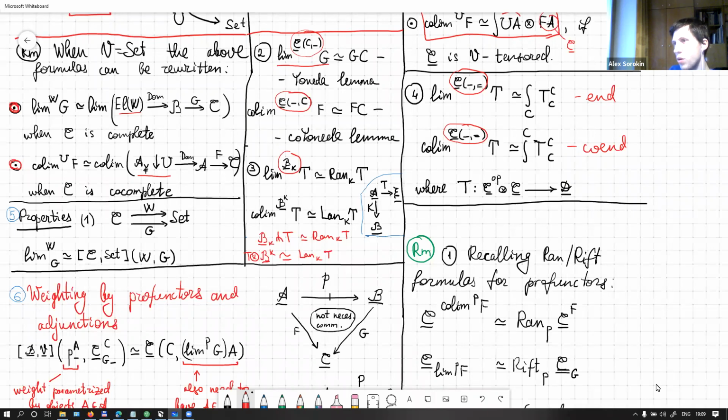Okay, right now we were weighting functors with covariant and contravariant weights for the case of limits and colimits respectively.